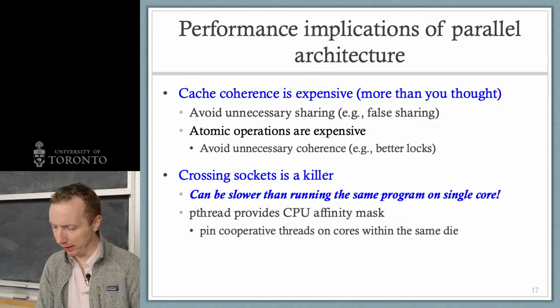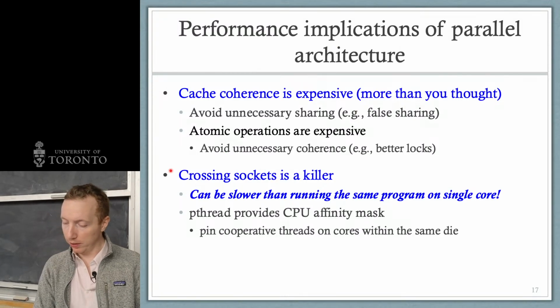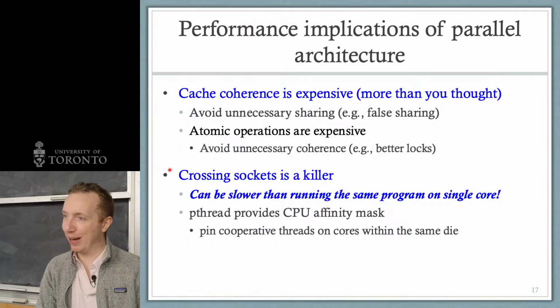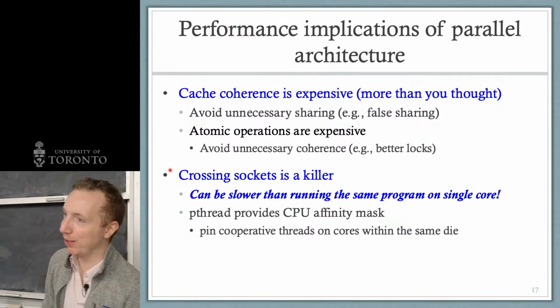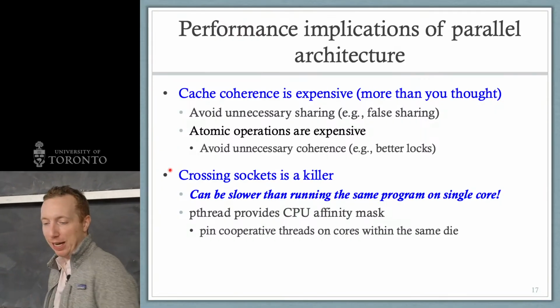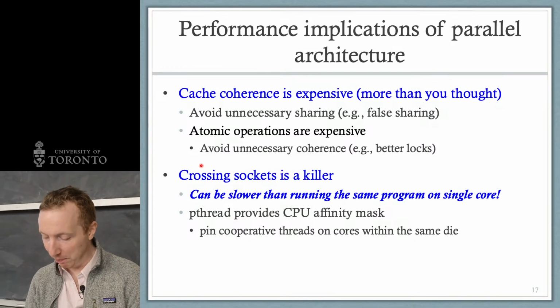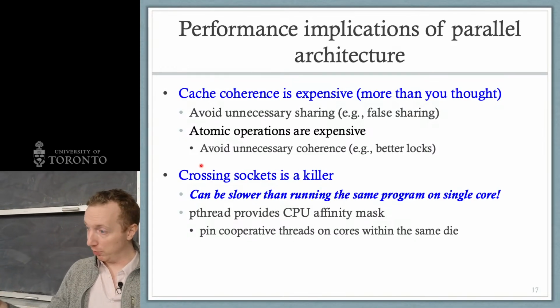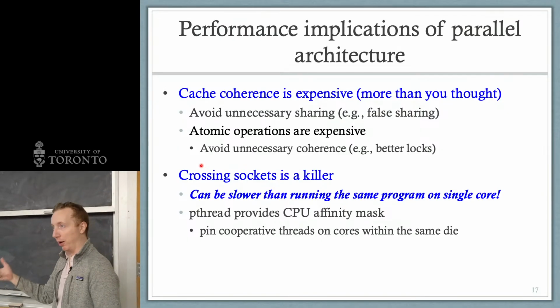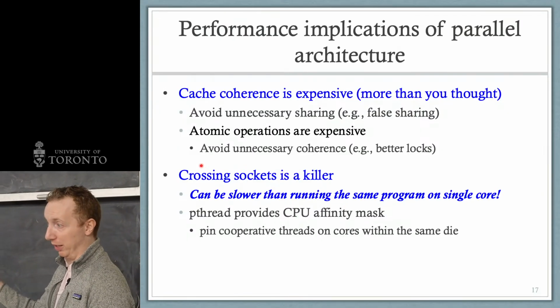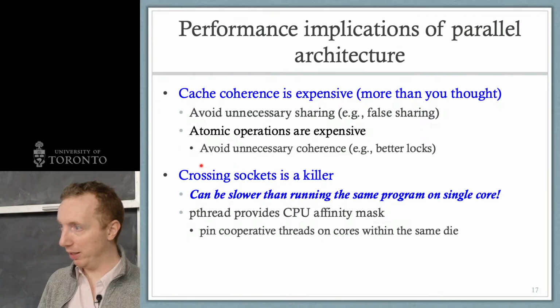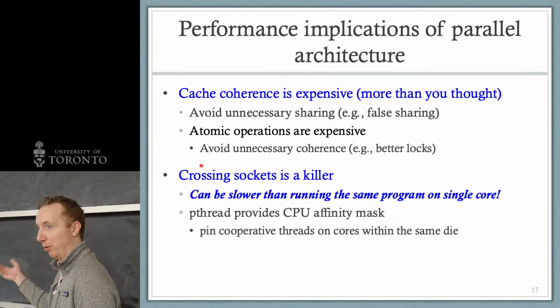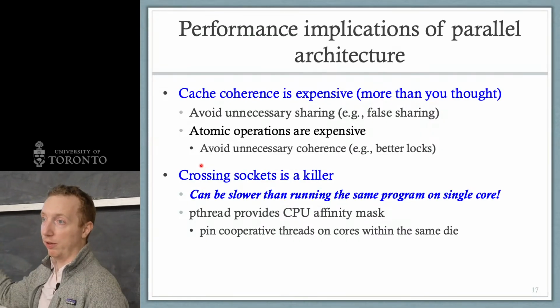If we get a large server, unfortunately for us, we did not have access to a large server with multiple sockets. But if you happen to get access to one of those, crossing sockets, if you have like 2 CPU sockets, crossing that communication barrier is a large killer, because now we're not even doing these coherence protocols on the same chip, but across different chips.